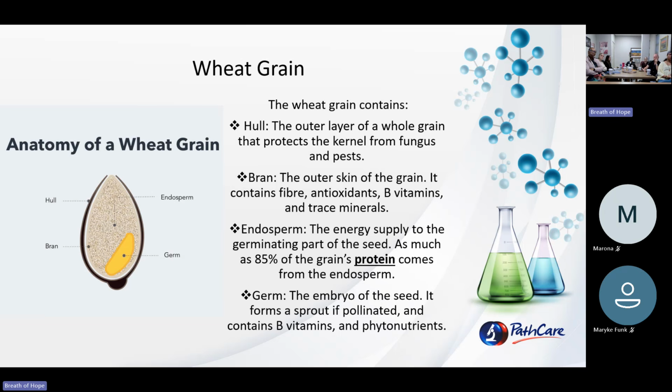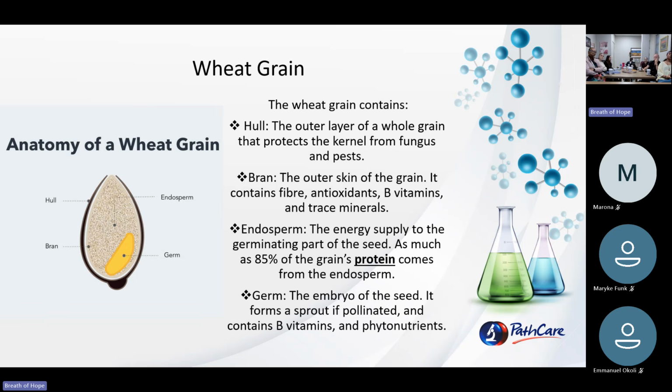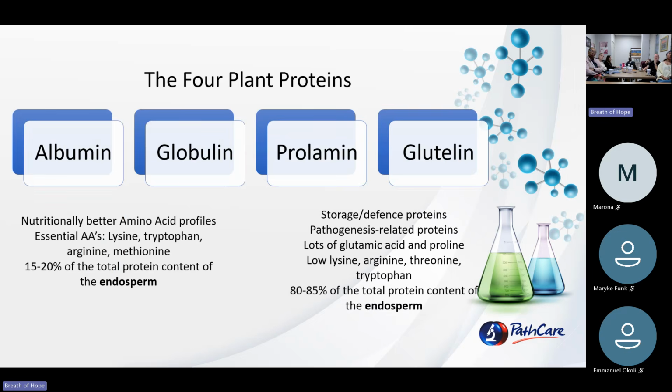What makes up the main part of the grain is the endosperm, and that is the energy supply to the germinating part of the seed. As much as 85% of the grain's protein comes from this endosperm area. And then the germ is the embryo of the seed. It forms a sprout if pollinated, and it contains B vitamins and phytonutrients.